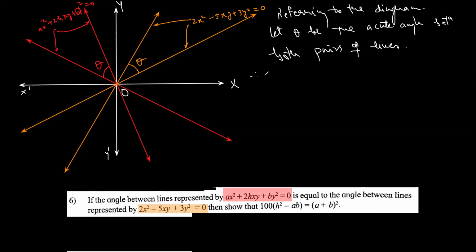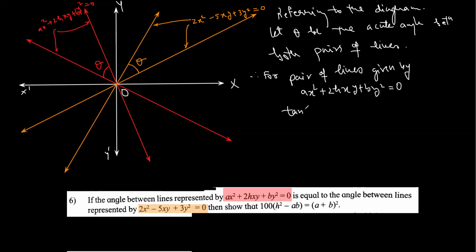Therefore, for the pair of lines given by ax square plus 2hxy plus by square equal to 0.